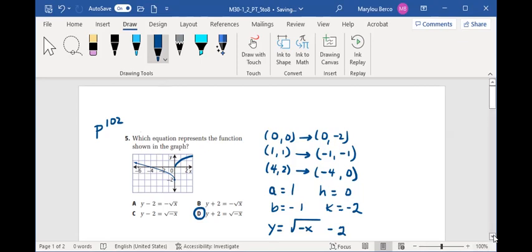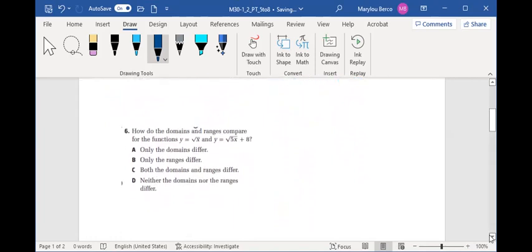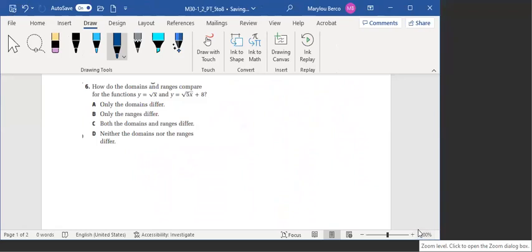Number 6. How do the domains and ranges compare for the functions y equals root x and y equals root 5x plus 8?